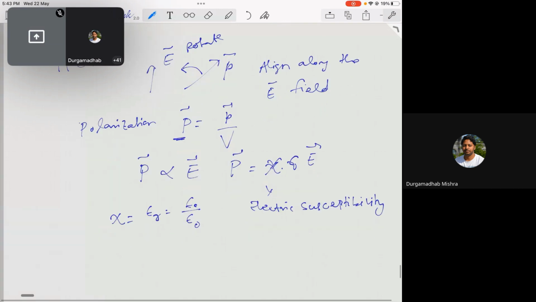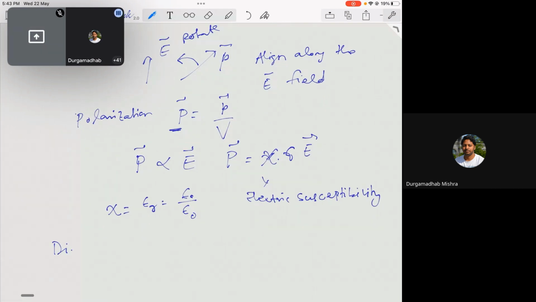Why are we calling them bound charges? Because the charges can only move locally, only a few angstroms, within the atom. But in a conductor, the charges can move far away, anywhere. That's why we call them bound charges.